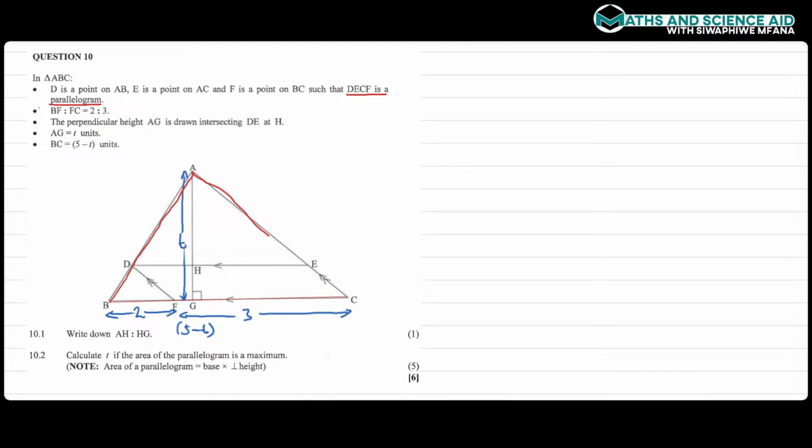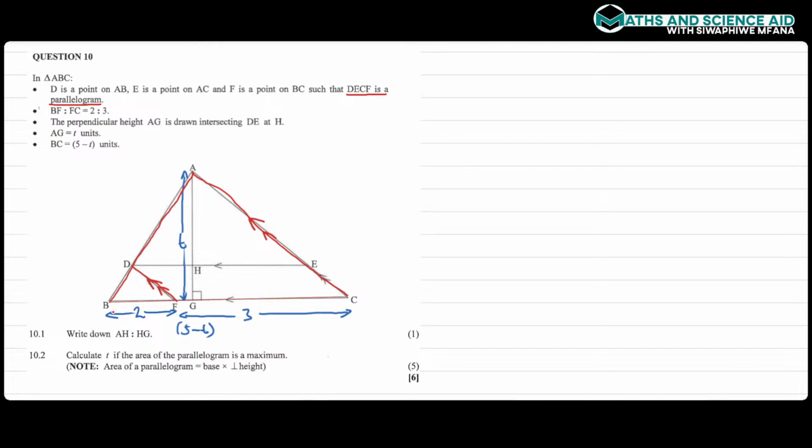Okay, so I think what we must do is start by focusing on the bigger triangle here, and I'm talking about the triangle ABC. And then you'll notice that here in triangle ABC, we've got the line, okay, let me try to draw it again. We've got the line DF, and this line DF is parallel to the other side of this triangle, AC. So we've got those parallel lines.